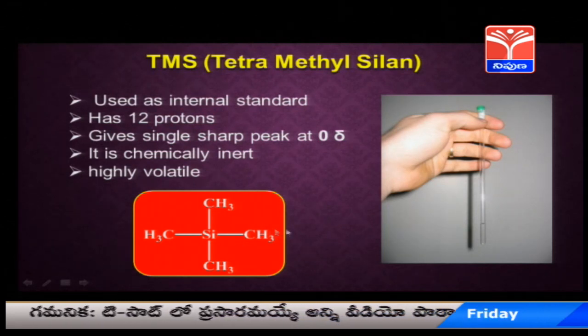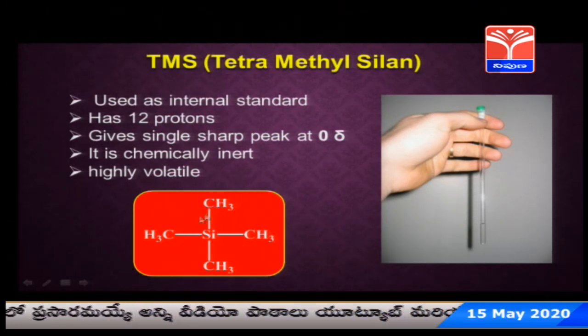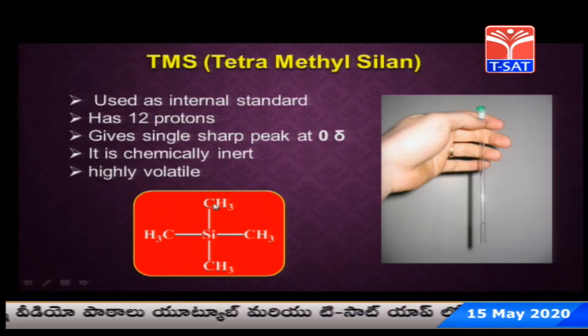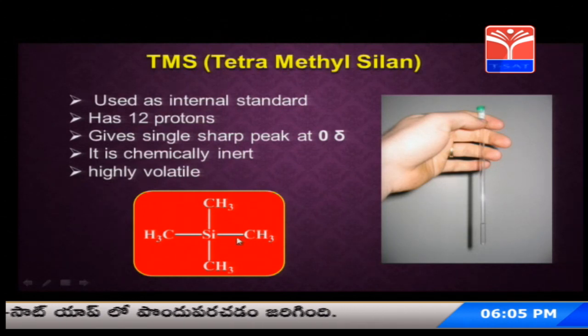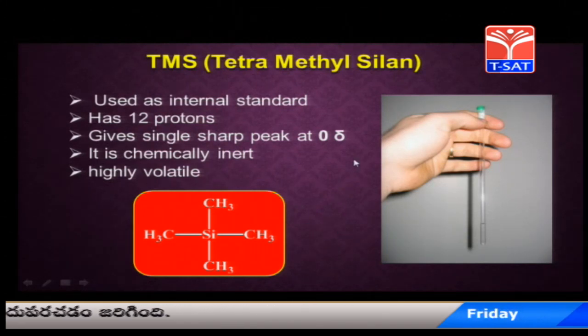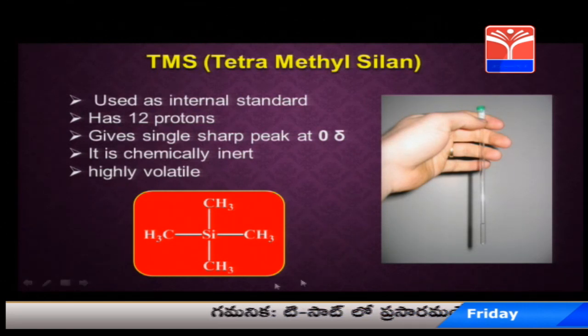Here 4 methyl groups are attached to silicon and the 4 groups are the same, and hence 12 protons give the same signal, a singlet, in the proton NMR spectrum. And if we compare the position of the peaks, all other organic nuclei give signals at a higher frequency compared to the tetramethylsilane frequency.